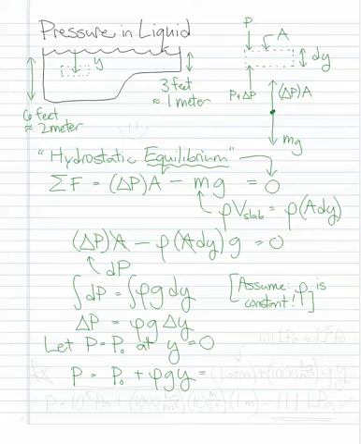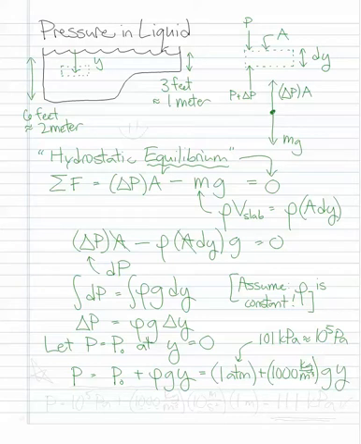So when we plug in numbers for this, we get the pressure at the top, which is 1 atmosphere, also known as 101 kilopascals, or 10 to the 5 pascals, plus the density of water, 1,000 kilograms per meter cubed, times g times y.